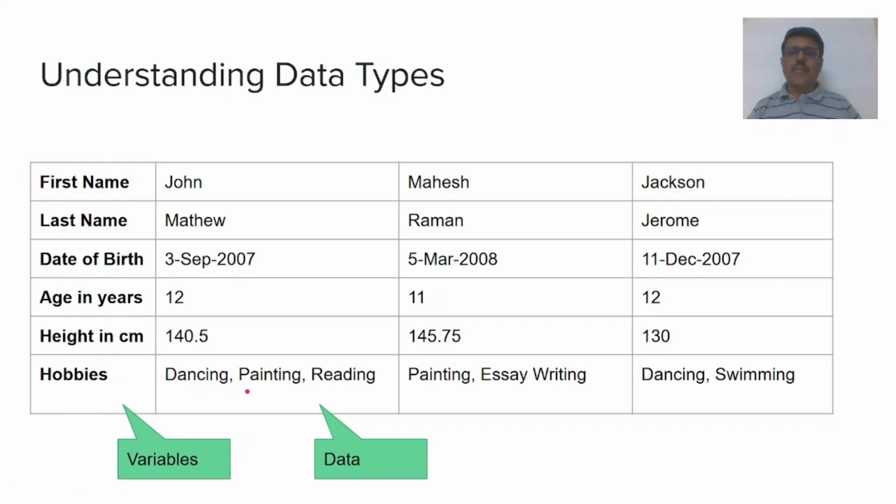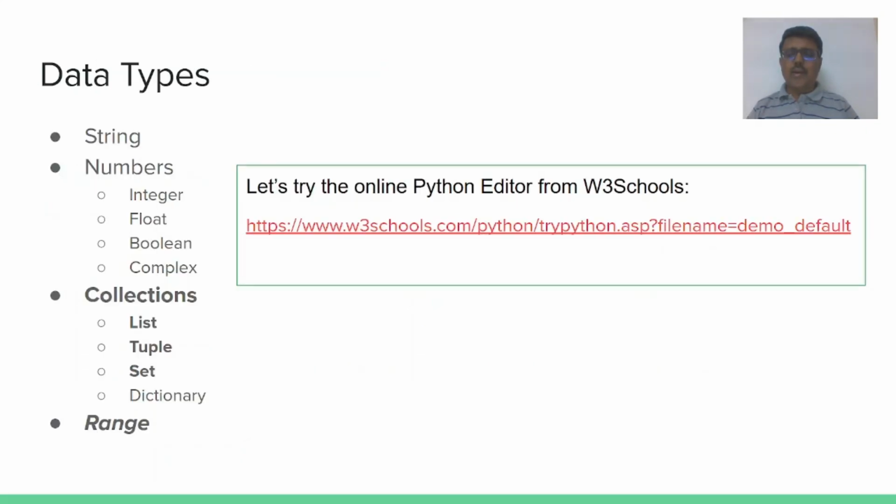Okay, so there are different ways by which multiple values are stored. They are list, tuple, set, and dictionary. So these four are different ways of storing multiple values, and each has its own unique properties or features. We will go through each one of them in the current module, and dictionary we will cover in a separate module itself. Okay.